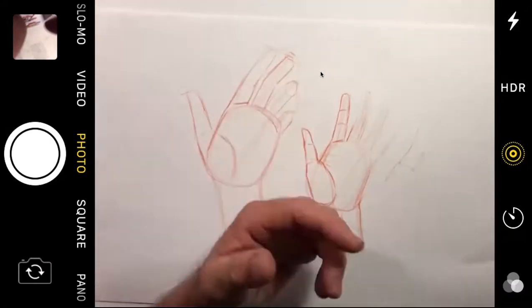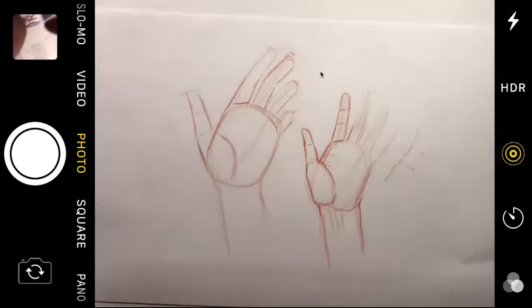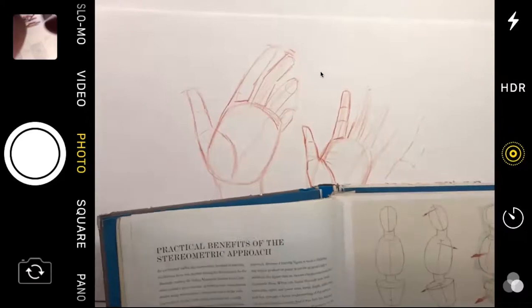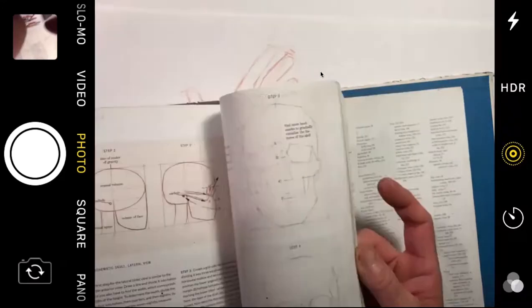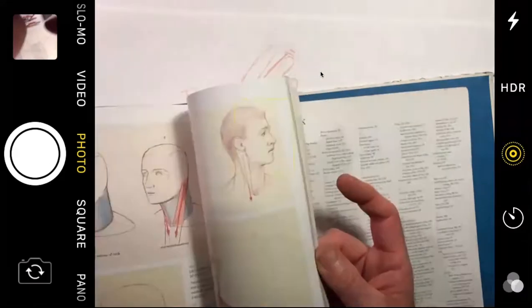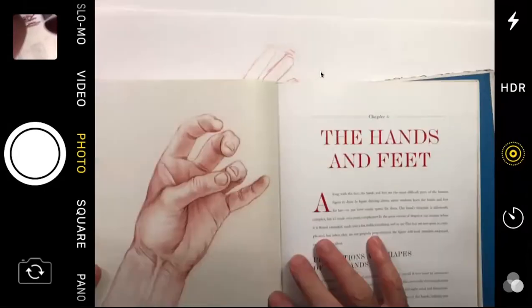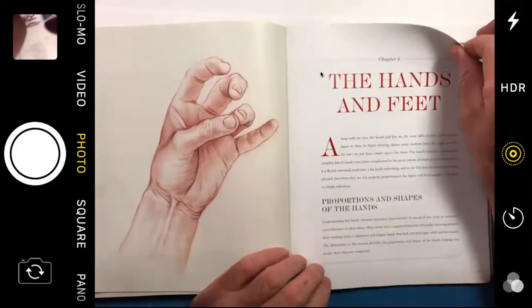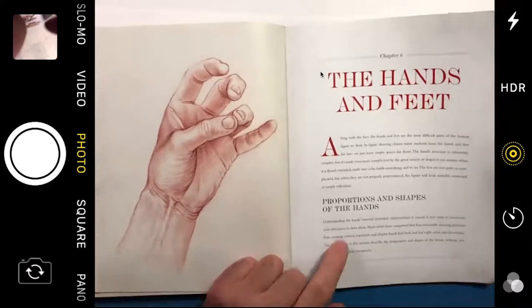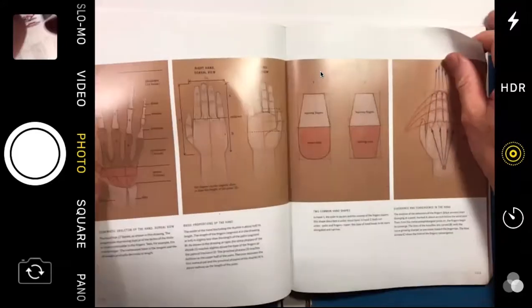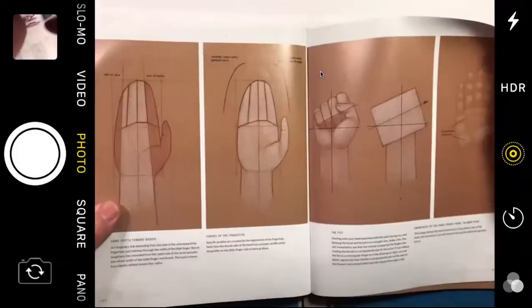If you have the book, let me see, what page is that? Right. I put a lot of this information in the book, right? So the chapter on the hands is chapter 6, page 237, and you find a lot of these concepts in the book.